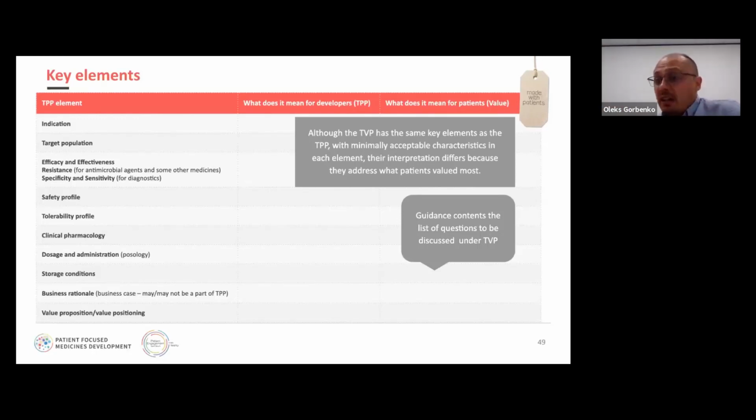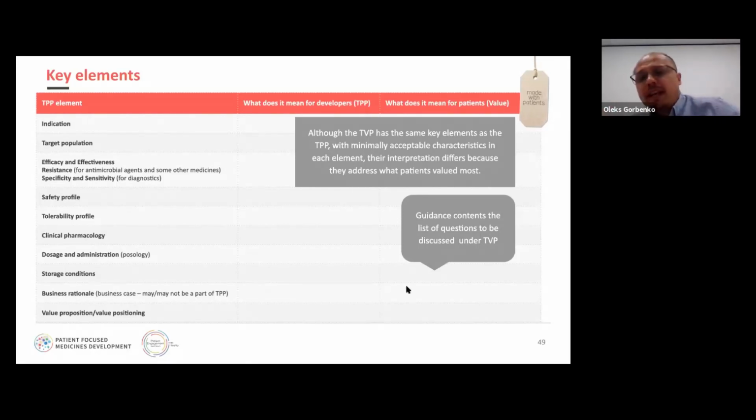Specificity and sensitivity if you're talking about diagnostics. Safety profile and tolerability profile are slightly different aspects. Clinical pharmacology, dosage administration or posology, storage conditions, business rationale, value proposition, and value positioning. So what exactly, which value could be delivered through this product.